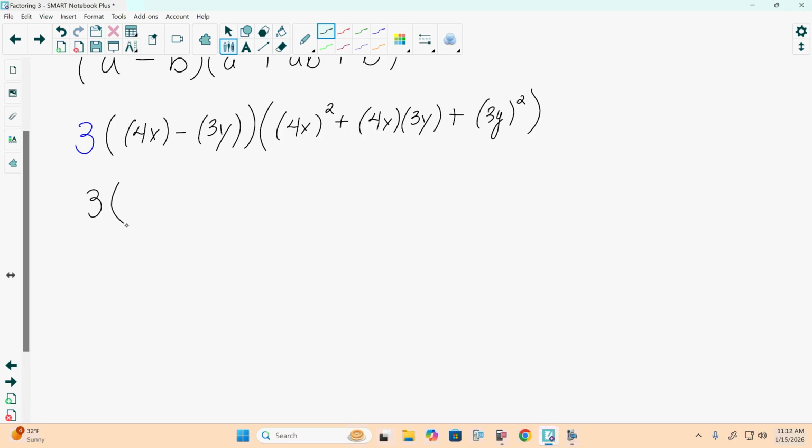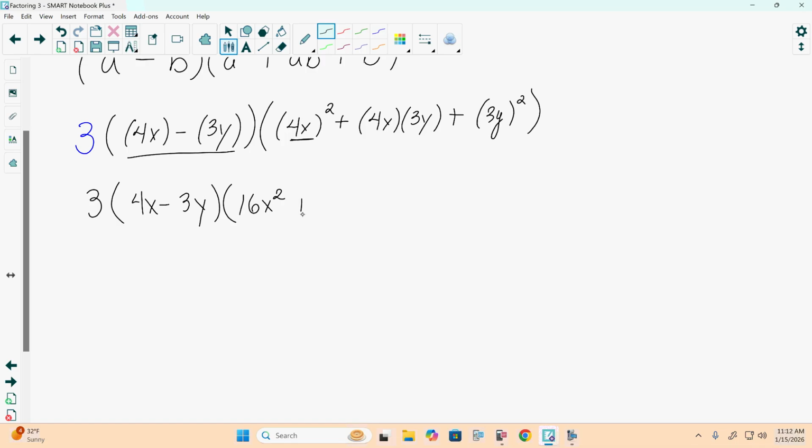So we have 3 times. Now this first parentheses, with our 4x and 3y, we can drop the parentheses, giving us 4x minus 3y. 4x squared, we have to square both terms. Our 4 squared, 4 times 4 is 16, and x times x is x squared, giving us 16x squared.